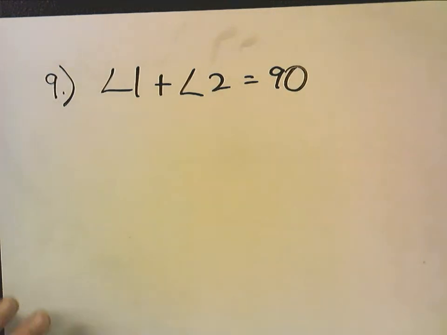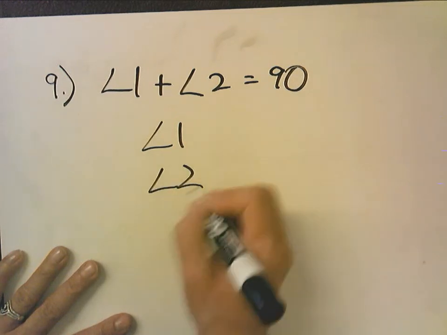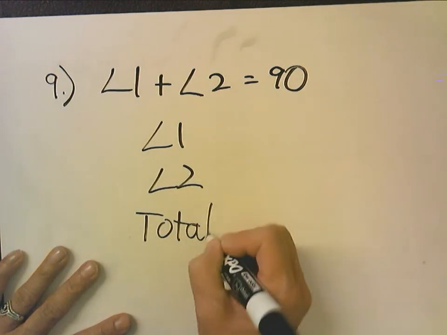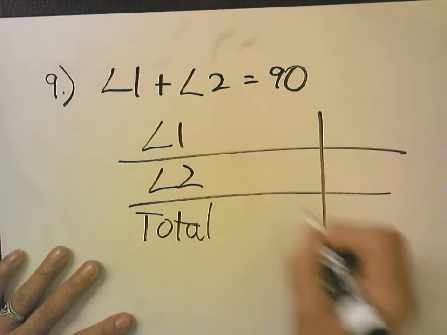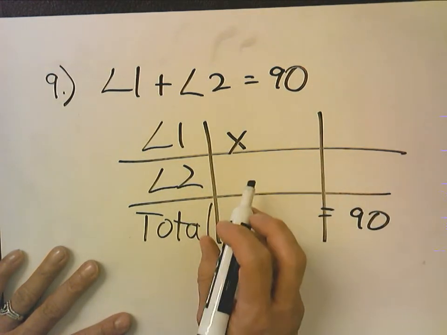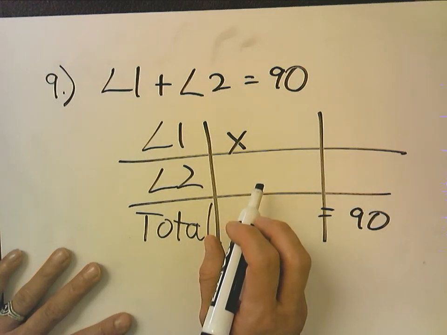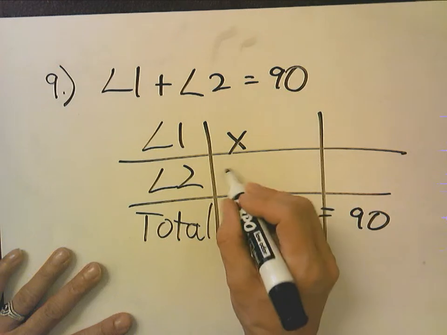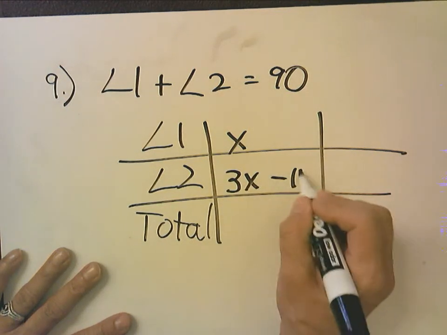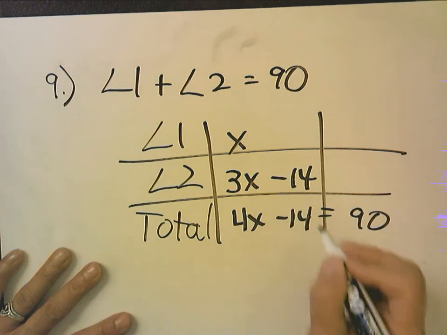Okay, number 9 says angle 1 plus angle 2 equals 90 because they're complementary. So I make my table. Don't know angle 1, but the complement of an angle is 14 degrees less than 3 times the angle. So 3 times the angle minus 14. Add these together, 4x minus 14.